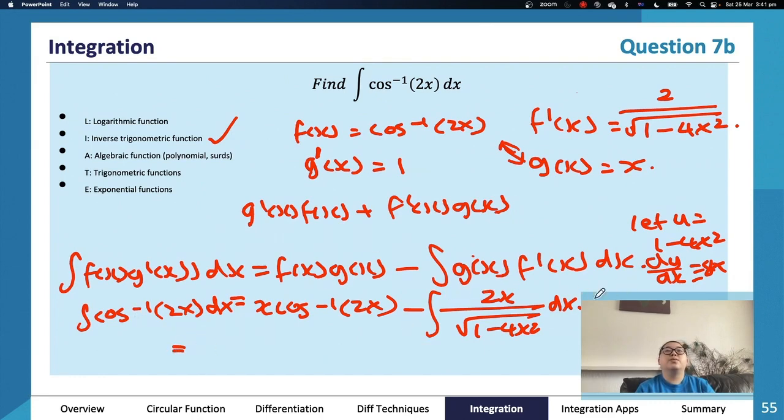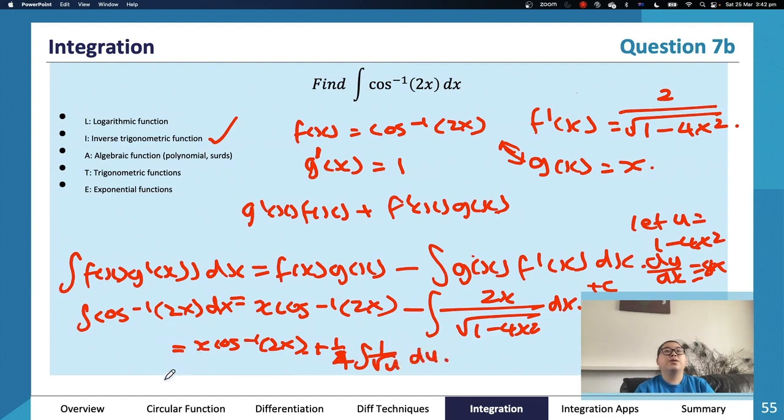We'll have x cos inverse 2x, and then plus 1/8, actually plus 1/4, right? Because the negative is integrated into there. And we'll have du dx at the top, which will cancel out with the dx, and we'll just be left with 1 over root u du.